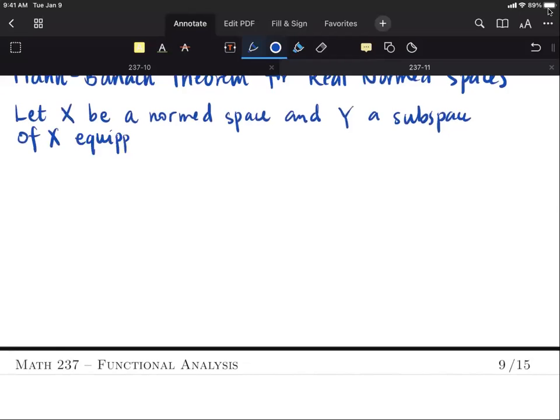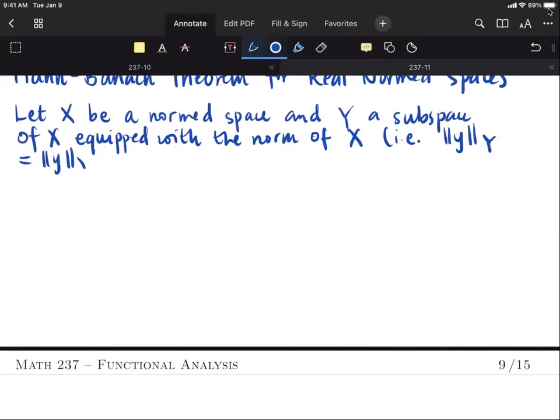And here we equip it with the norm of X. More precisely, the norm of y is the same as the norm of y in X. So if I have an element in the dual of the subspace, y prime, then we can find an element in the dual space of the larger space X that is an extension of y prime.